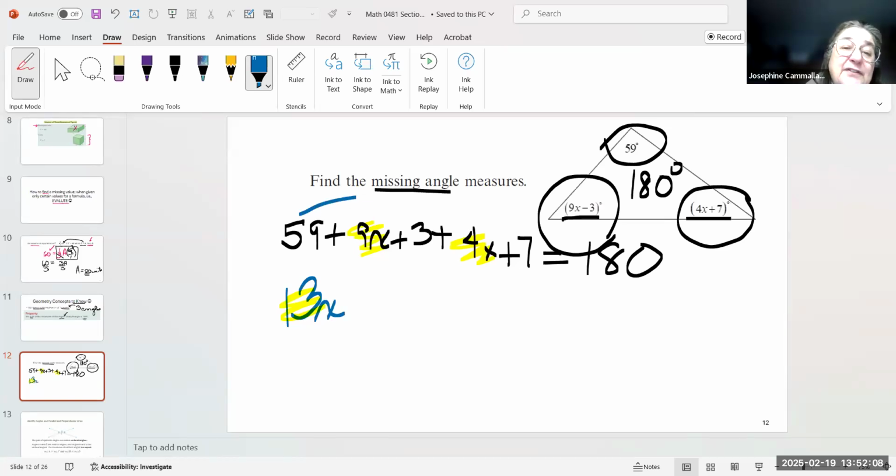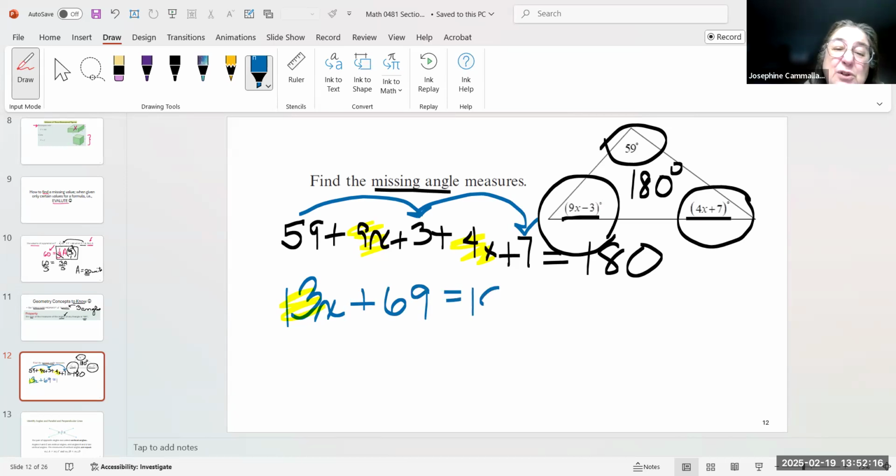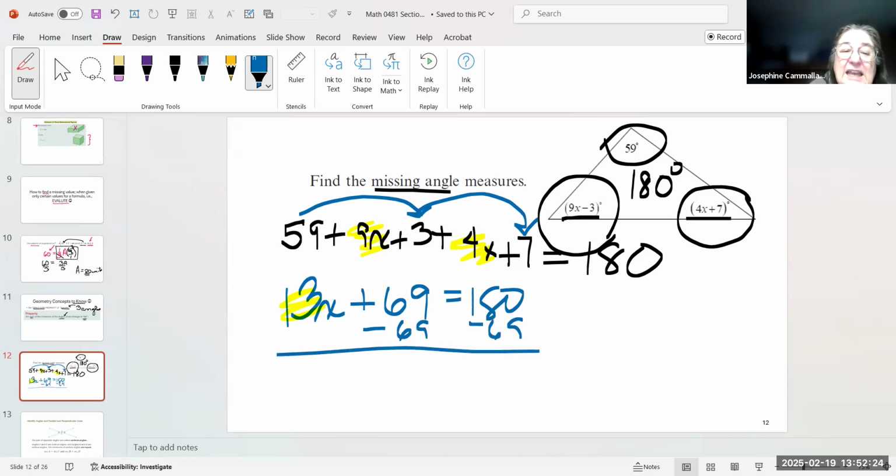Well, 59 plus 3 plus 7 is giving me 69 is equal to 180. Subtract 69. I get 13x is equal to 111. Now, divide by 13.